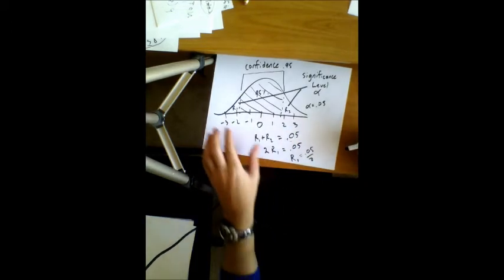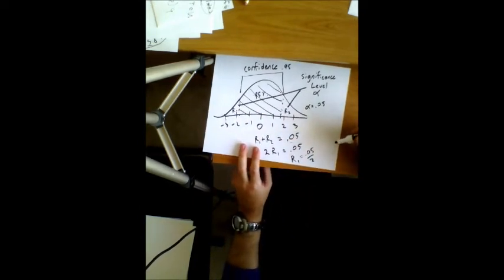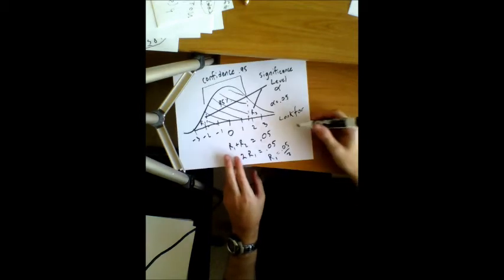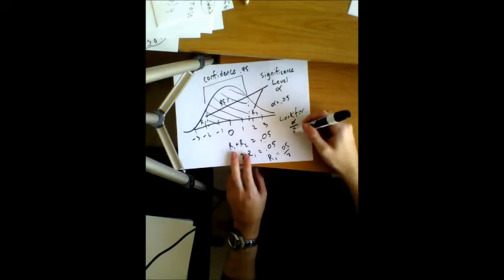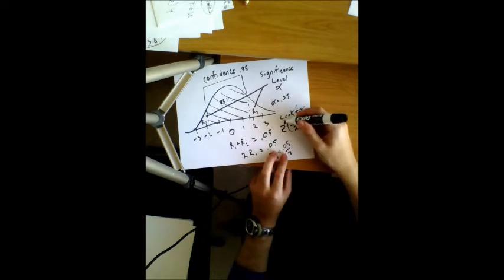Simple as that. To define these confidence levels, what we're going to do is look for alpha over 2. We're going to be finding what we'll call z star of alpha over 2. The way we'll do that is we do need to use our book.